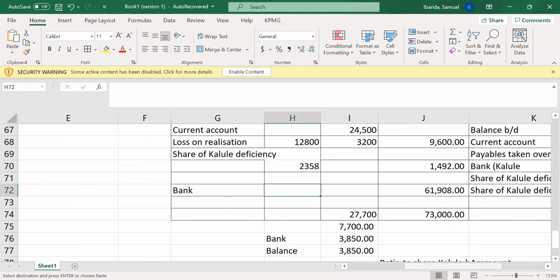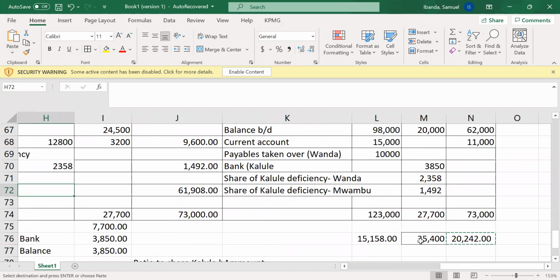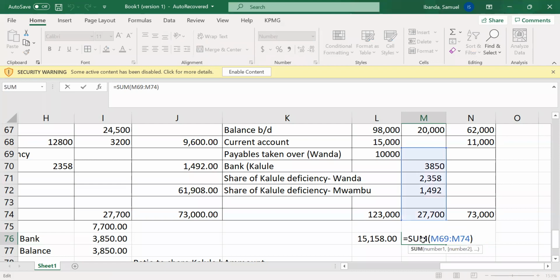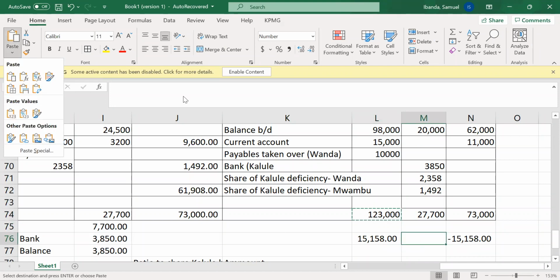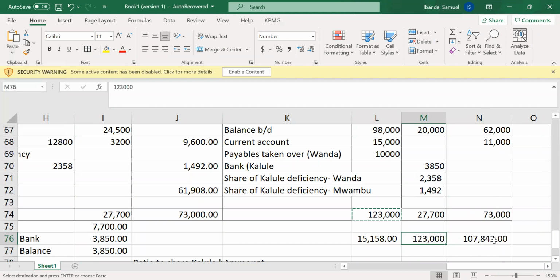Oh, it's not this. Sorry. This is supposed to be 120 that I'm subtracting from, because I want to get the difference for this column. So this gives me about 107,804.